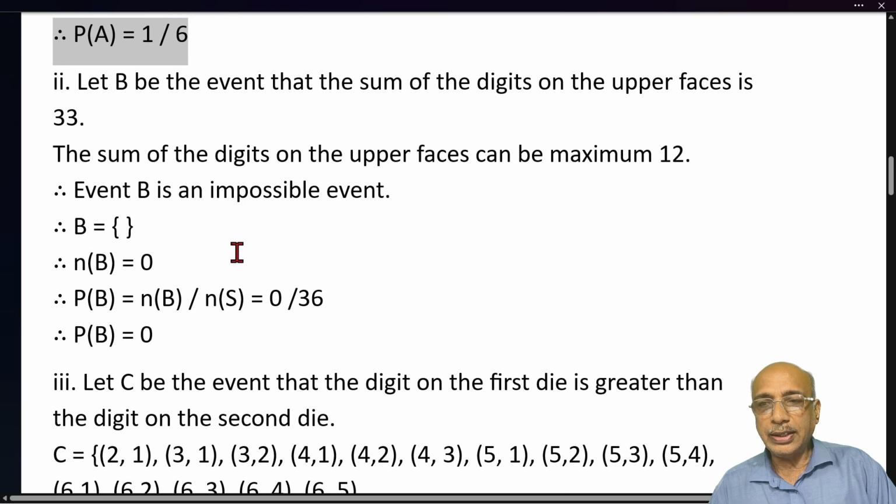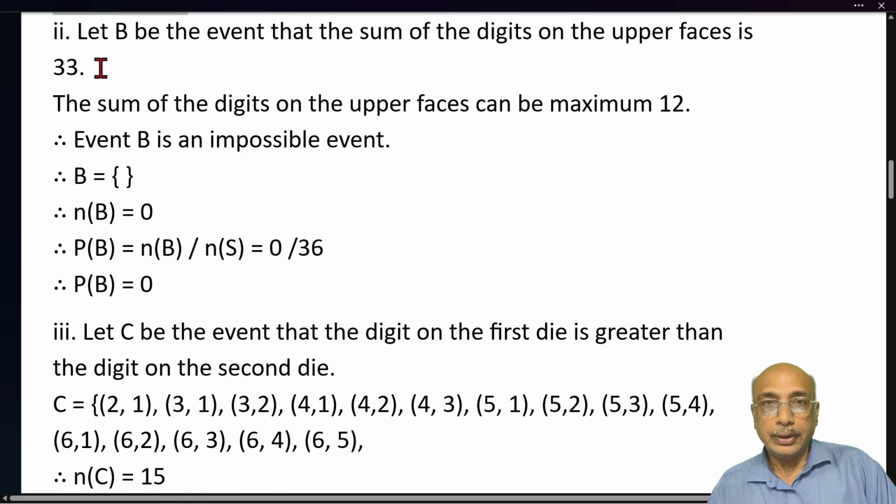Next event: let B be the event that the sum of the digits on the upper face is 13. That means more than, what is the maximum sum of the digits on the upper face? 6 plus 6, 12, maximum. The sum of the digits on the upper face can be at most 12. Therefore, the event B is an impossible event.